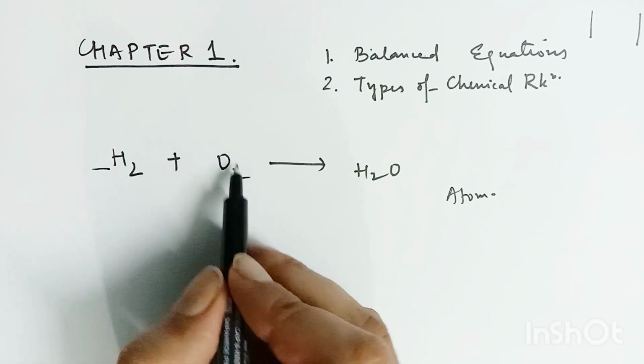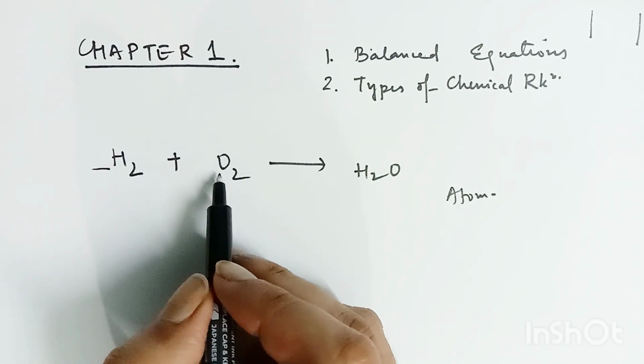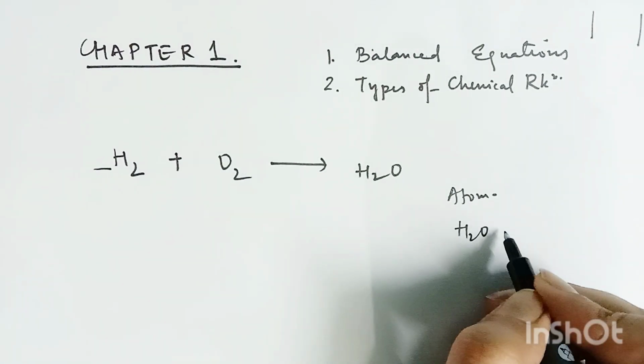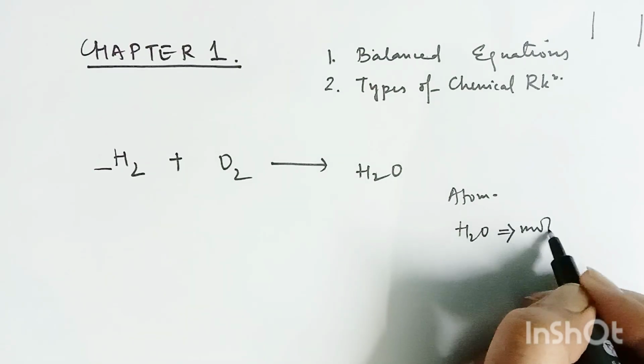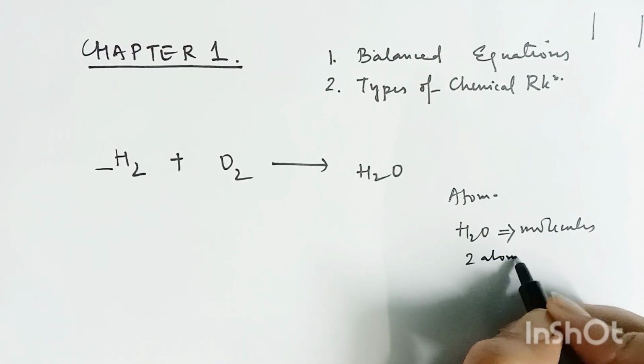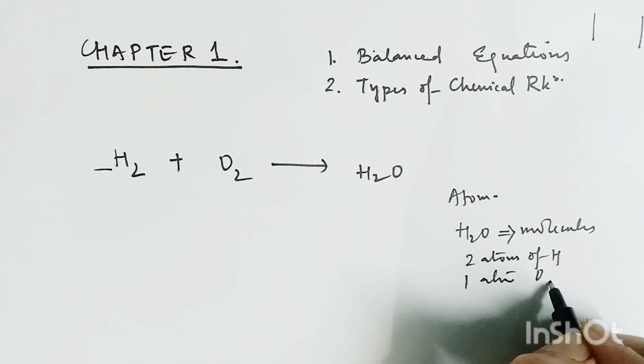Molecules are groups of atoms, and this molecule of O2 is made up of two atoms of oxygen. Water is also a molecule, made up of two atoms of hydrogen and one atom of oxygen.